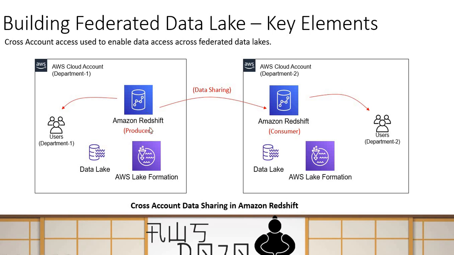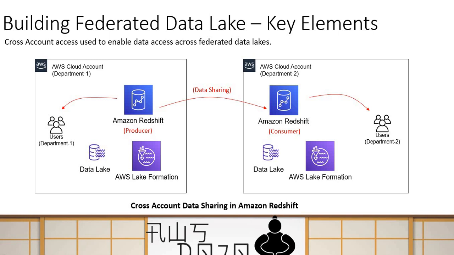So through this producer-consumer behavior, this Redshift cluster will have access to data from this Redshift cluster. So department 2 users using their own Redshift cluster can access data from another Redshift cluster in another account, another data lake. And that is possible through this data sharing mechanism.